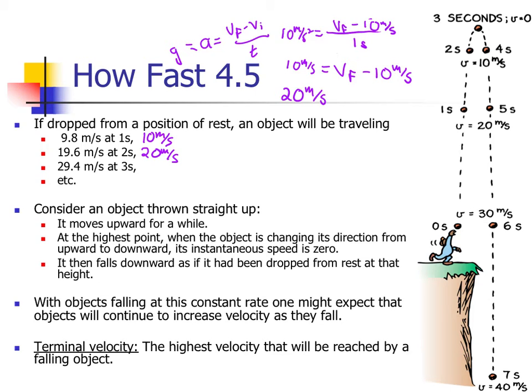Now, the same thing would happen as we go farther and farther down. So one should be able to say, what would the velocity be at 5 seconds? Because at 5 seconds, you would be able to guess that it seems to be the acceleration times time that gives me the velocity.